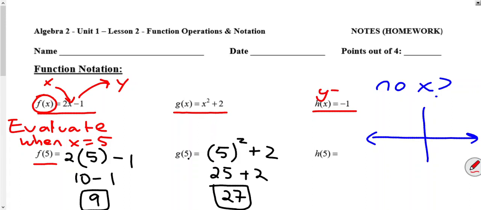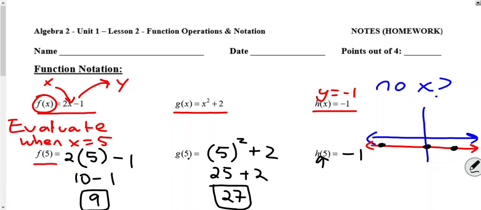I could just rewrite this, y equals negative 1. It's about right here. So y always equals negative 1. It doesn't matter what x you pick. I could put x equals negative 10, x equals 0, x equals 5. y is always negative 1. So no matter what you put in, no matter what you substitute for x, you're always going to get negative 1 for y.